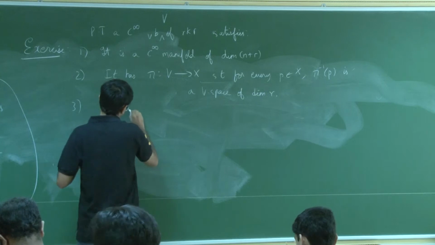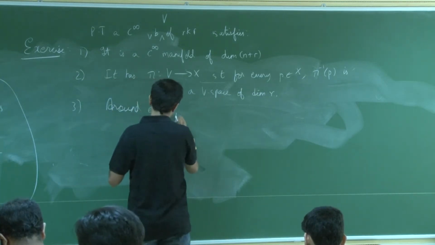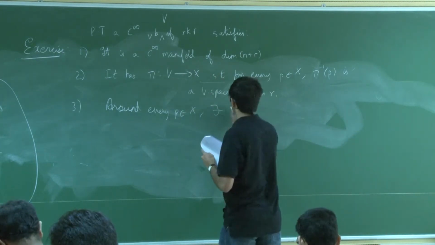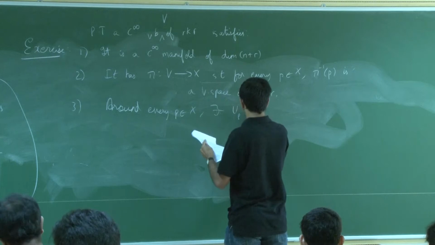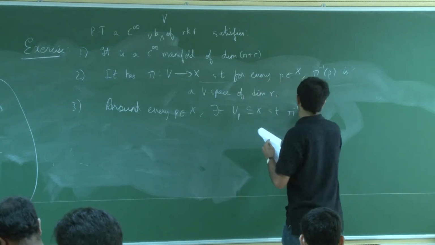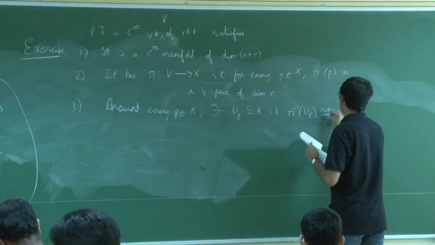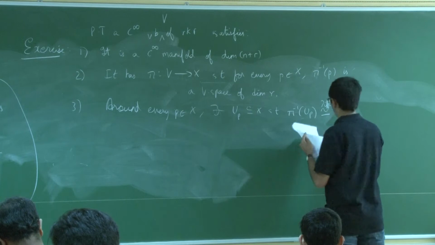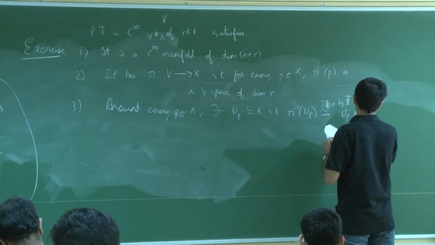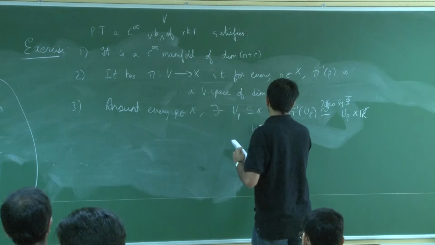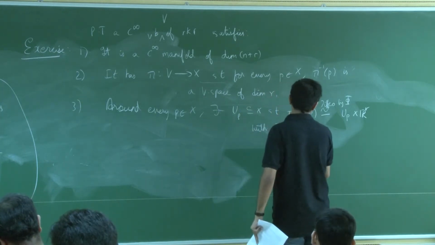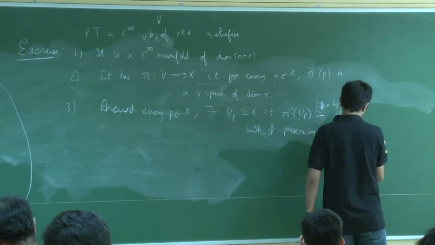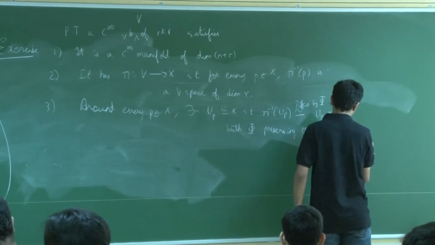Around every p in X, there exists a neighborhood, an open set U_p, such that pi inverse of U_p is diffeomorphic by means of some diffeomorphism phi to U_p cross R^R, with phi preserving the fibers and being linear on them.